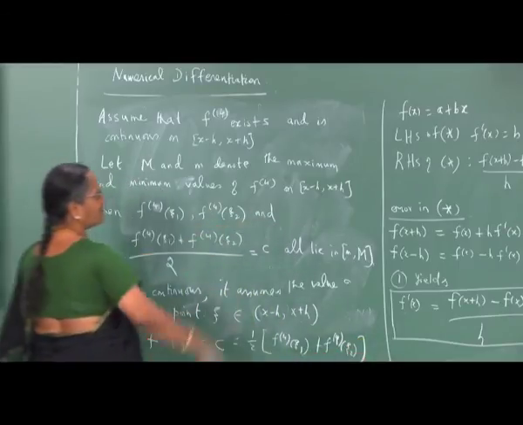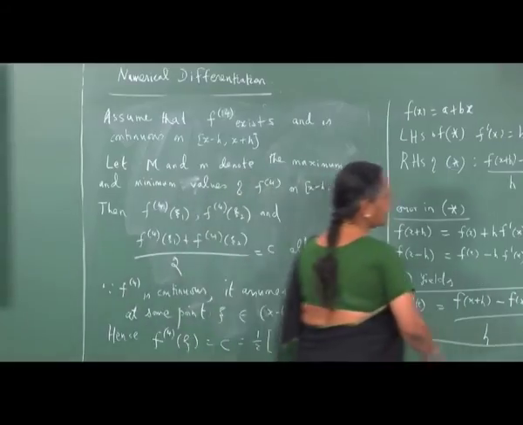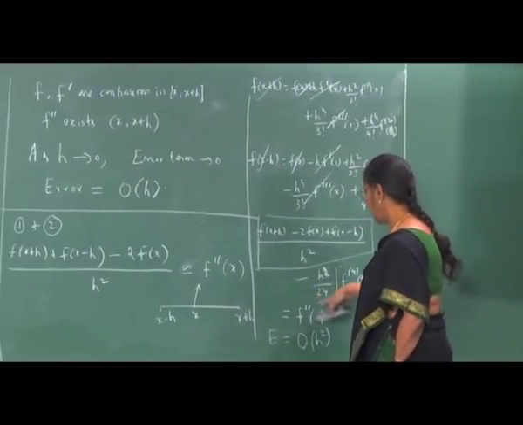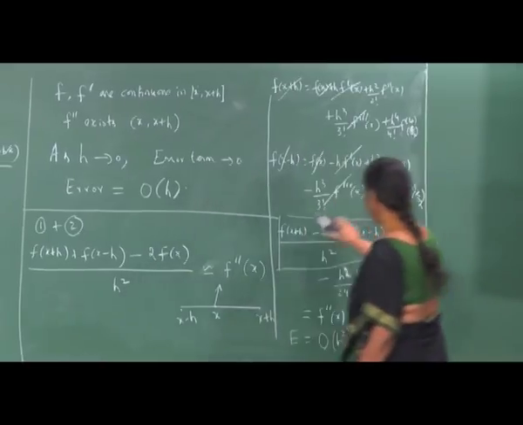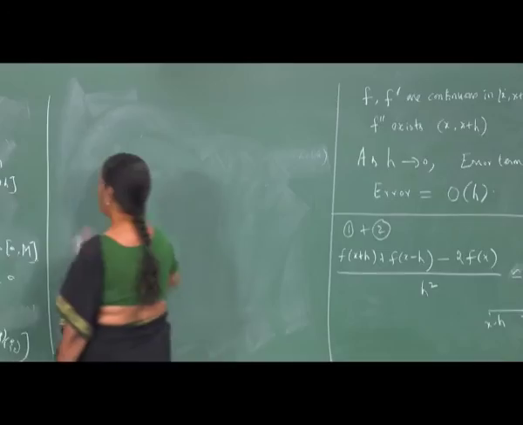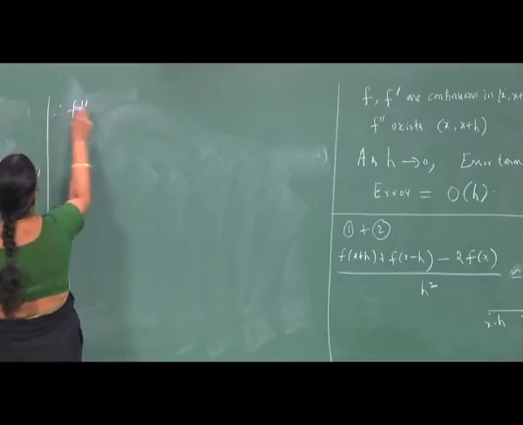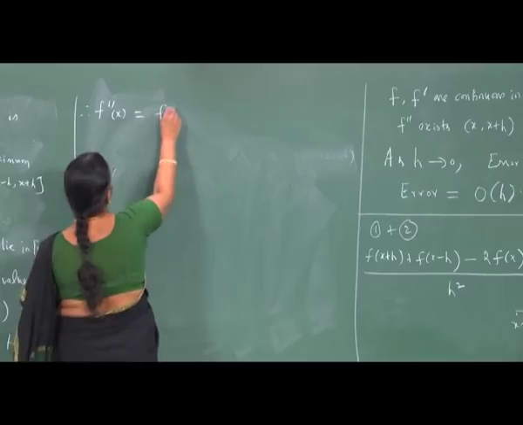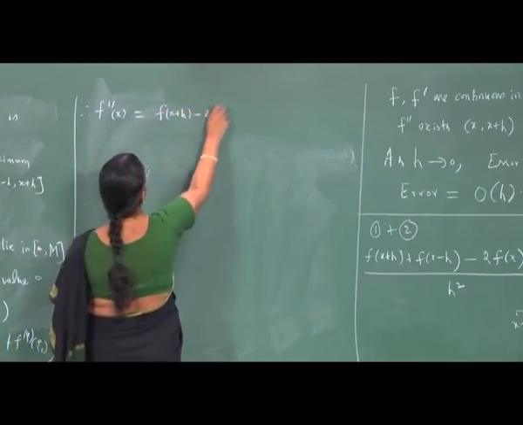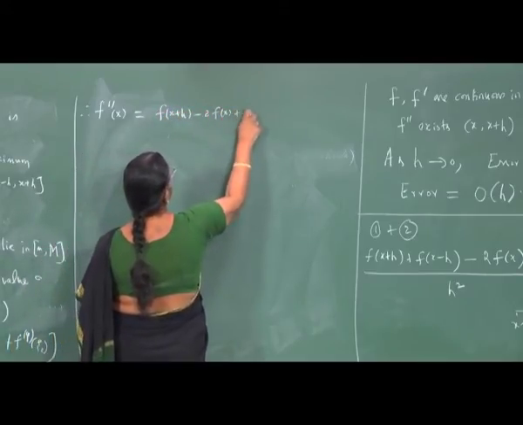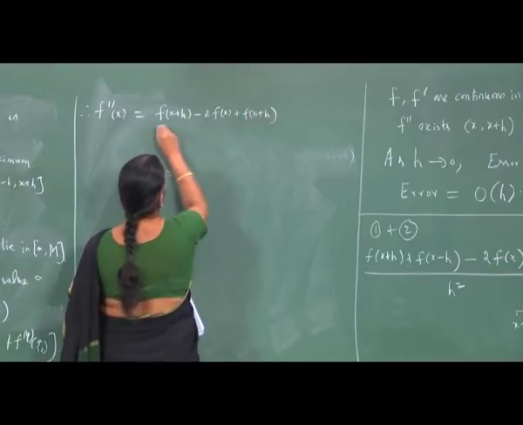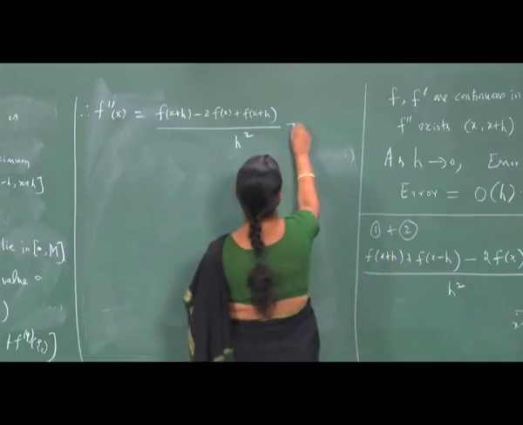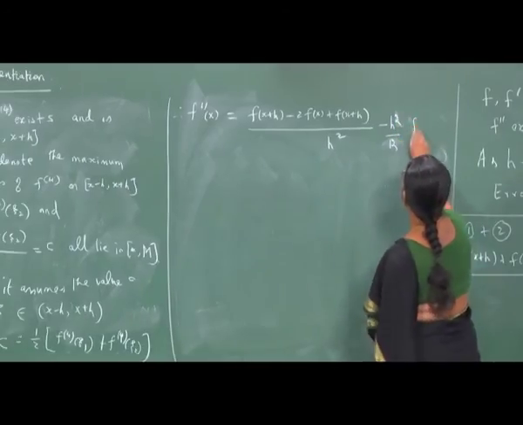And therefore, now we can give the numerical differentiation formula for the second derivative in terms of what we have obtained. So, f double prime at x will be f of x plus h minus twice f of x plus f of x minus h, divided by h square, then minus h square by 12 times the fourth derivative at psi.